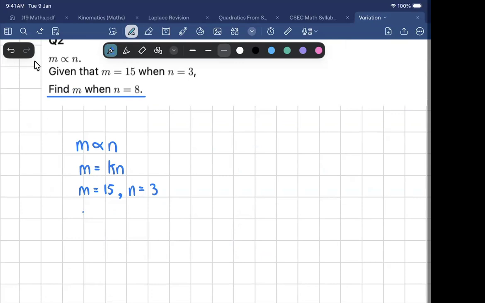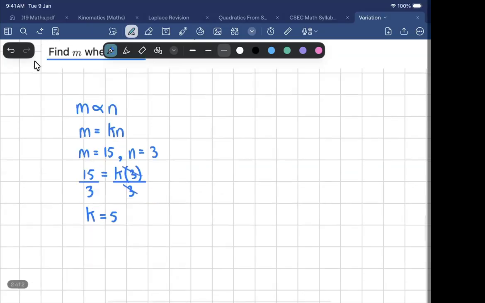So 15 equals k open brackets 3, right? And then we divide everybody by 3, and k would be 5.